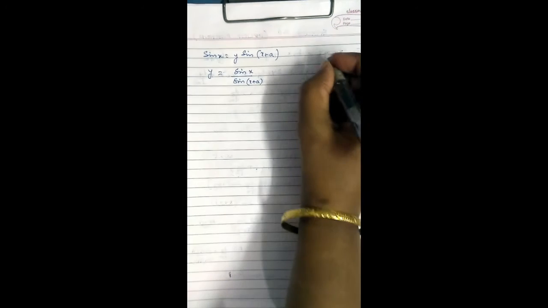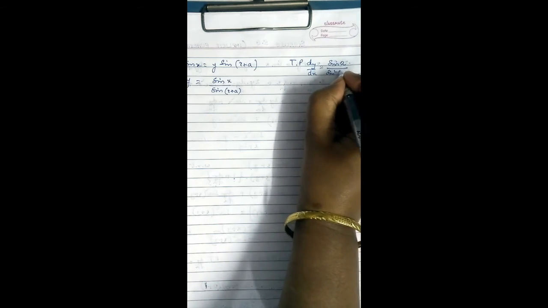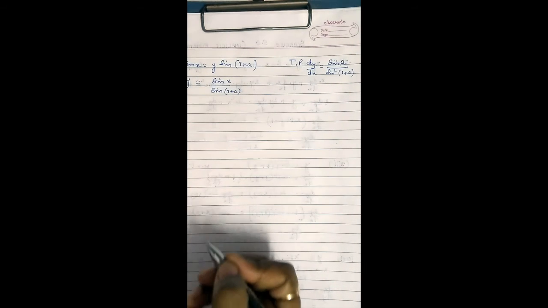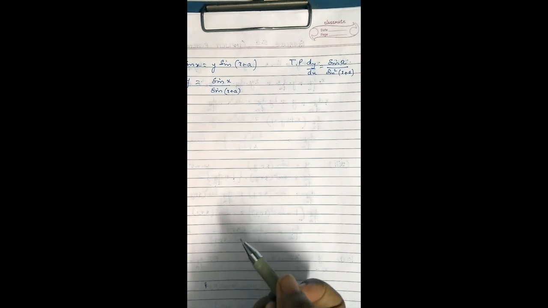Okay. Now see, we were required to show that dy by dx was equal to sine of a upon sine square of (x plus a).